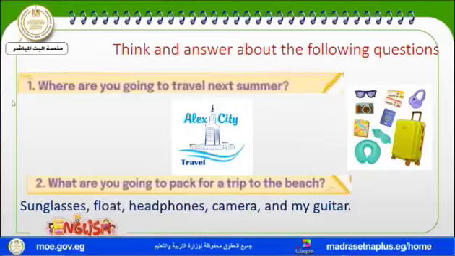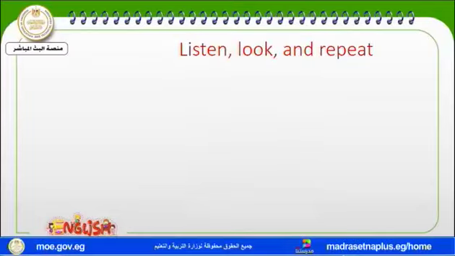Now we are going to read a dialogue. But before we read the dialogue, we are going to learn some vocab related to our mystery trip. Please look at the photo, listen to the word, and repeat after me.